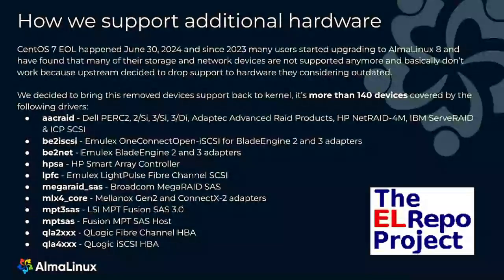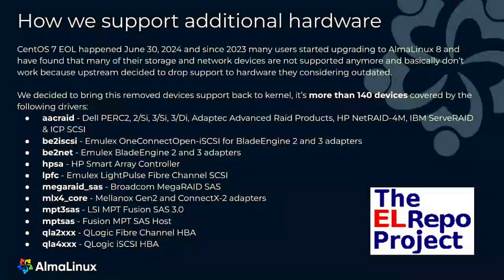Another thing to talk about is hardware support. After CentOS 7 end of life, users started to migrate and upgrade to AlmaLinux 8, for example, and noticed that a lot of their hardware doesn't work anymore. It's even worse with storage or network hardware, where you can't even install the system.